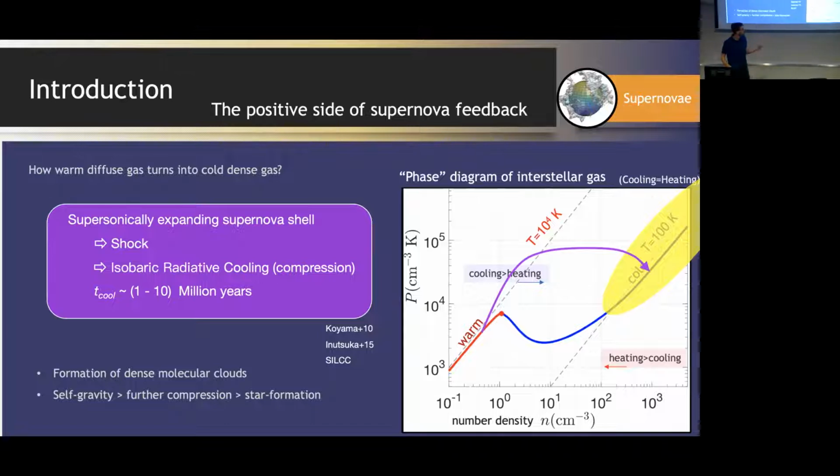Once you have the shock, you jump above this thermal instability, cooling exceeds heating, and you start to cool. Still, it's not easy. You need the shock to be there for at least the cooling time, this 1 to 10 megayears. Otherwise, you shock heat and then you come back. So you need to continue compressing until you get above this thermal instability.